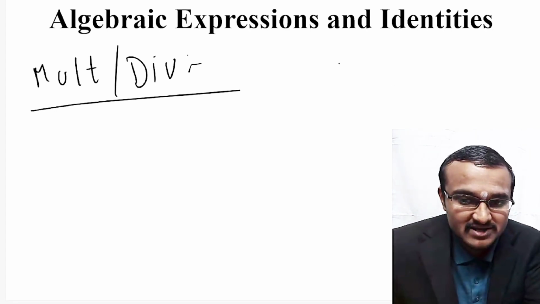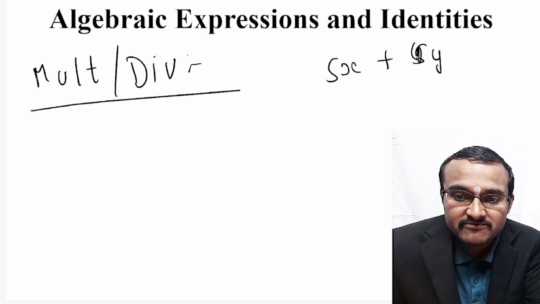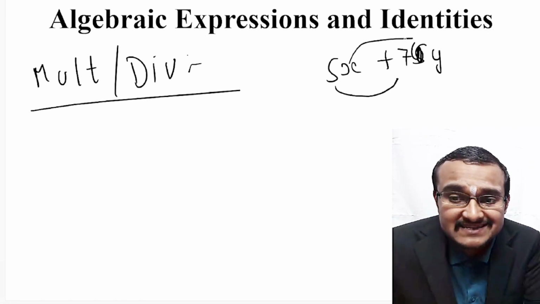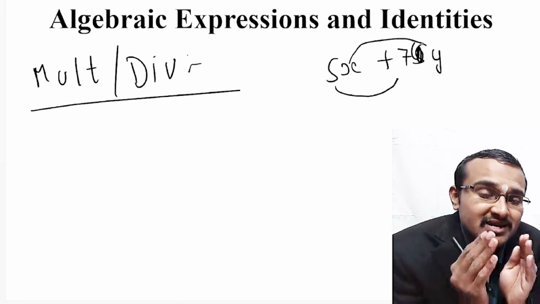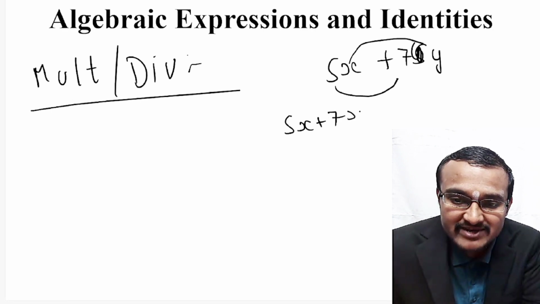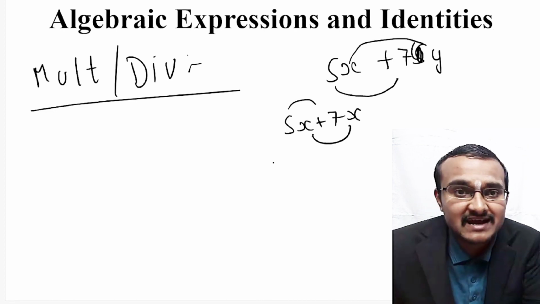So if I tell you to add 5x and 7y, you cannot add 5 and 7 because x and y are not common terms. But if I tell you to add 5x plus 7x, here you are not adding 5 and 7 directly.